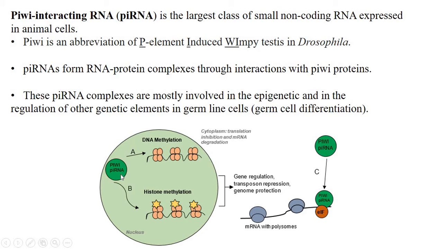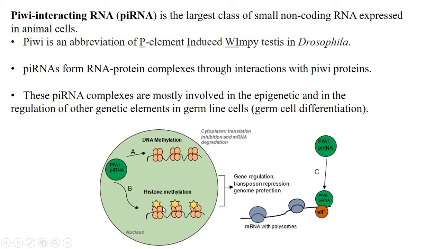Here you can see that these piRNAs, along with the PIWI protein, interact with the PIWI proteins. They can affect gene expression in two ways, either directly methylating the DNA molecule, so that DNA methylation will change the gene expression, or methylation of histone proteins.